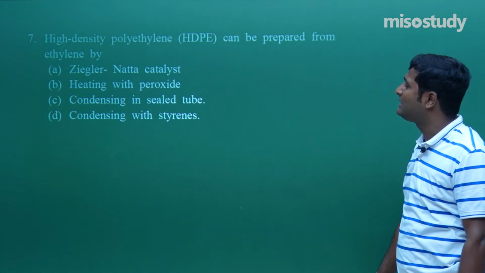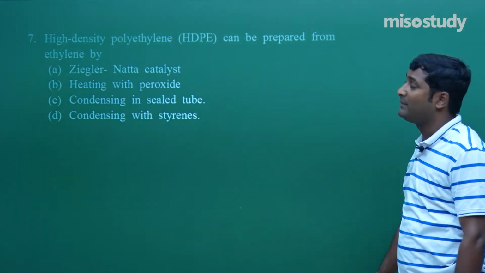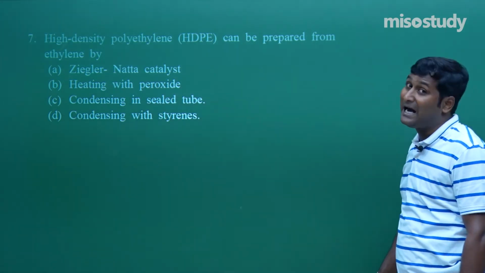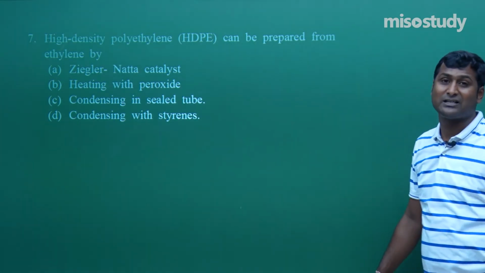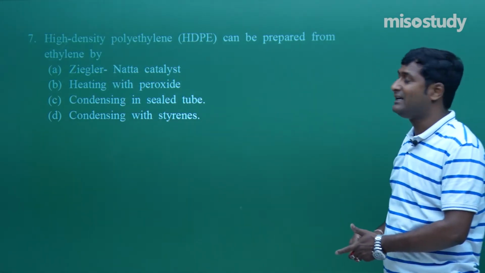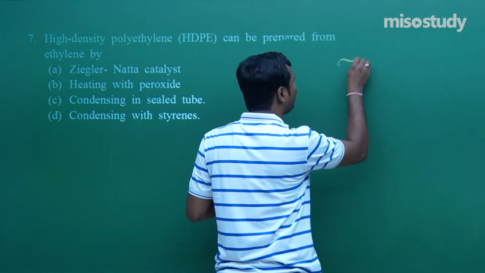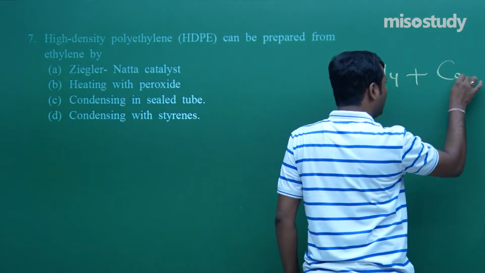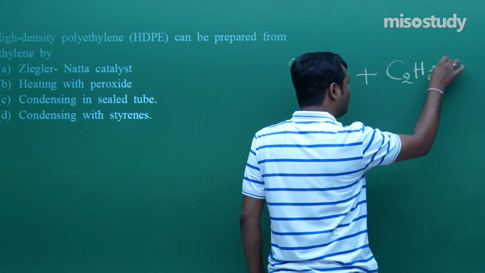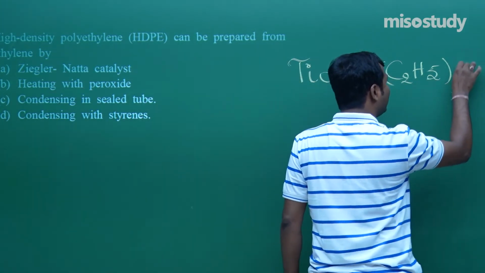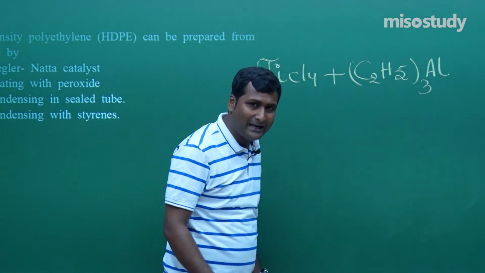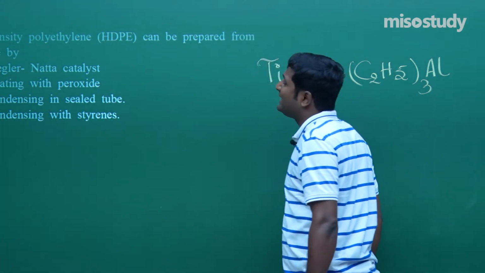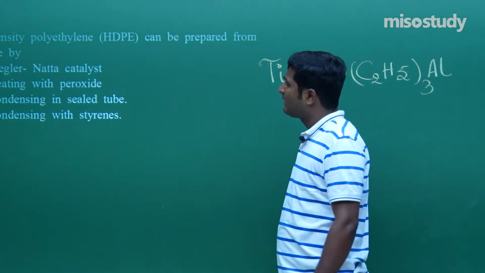During my theory lecture I discussed that in the presence of TiCl4 plus (C2H5)3Al, we get high density polythene from ethene.